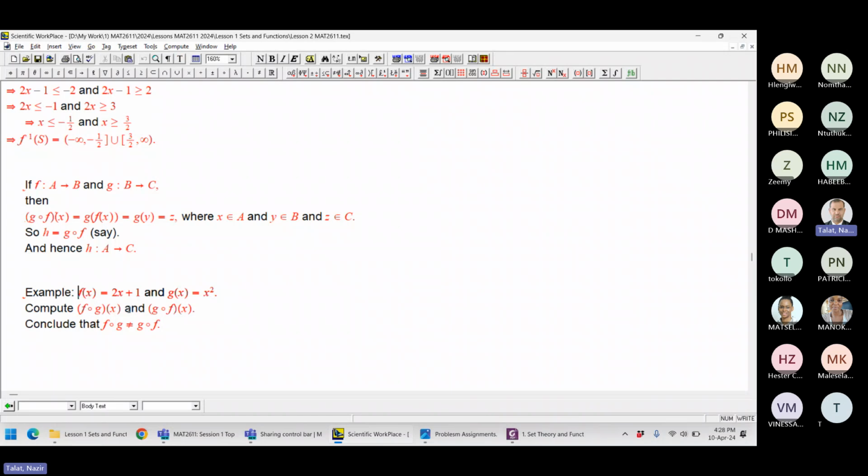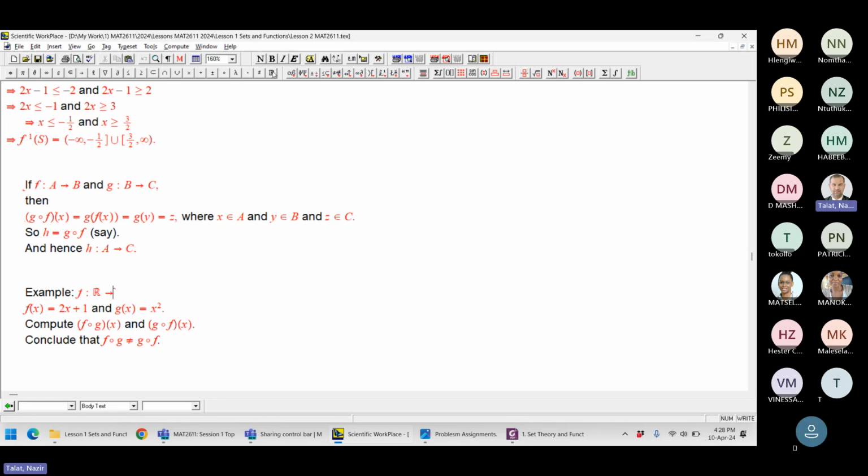But the important thing is that here we need to define the functions. Like f is a function from the set of real numbers to the set of real numbers, defined in this way, and g is a function from the set of all real numbers to the set of all non-negative real numbers R plus, defined in this way.